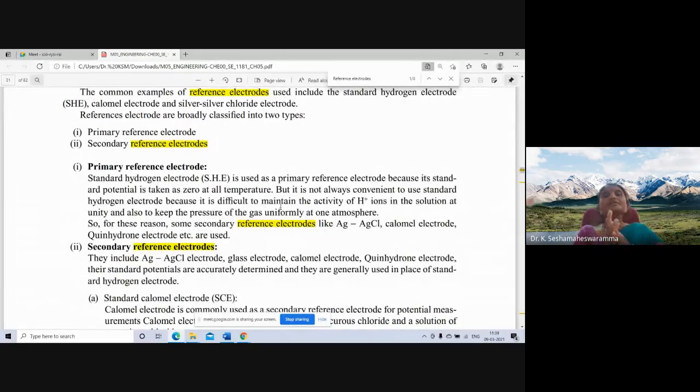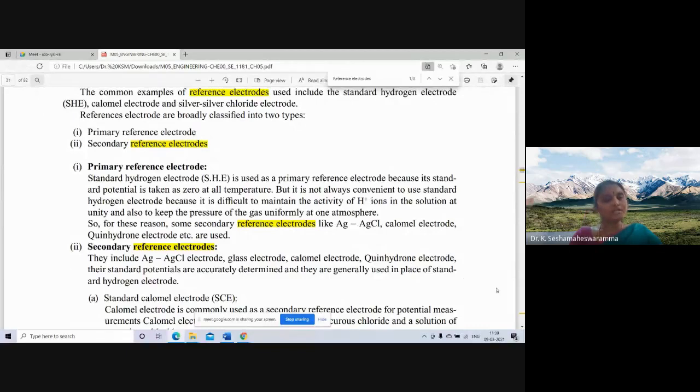Hence, secondary reference electrodes like the silver chloride electrode, calomel electrode, and quinhydrone electrode are used. The primary reference electrode is good, but it is difficult to maintain the activity of H+ ions, hence we take secondary reference electrodes.